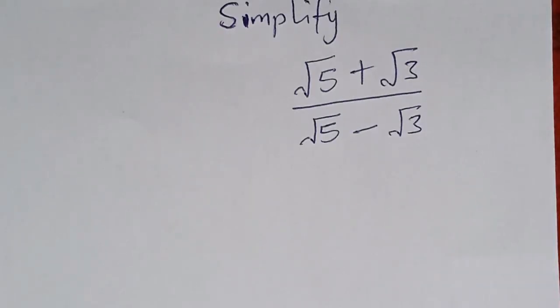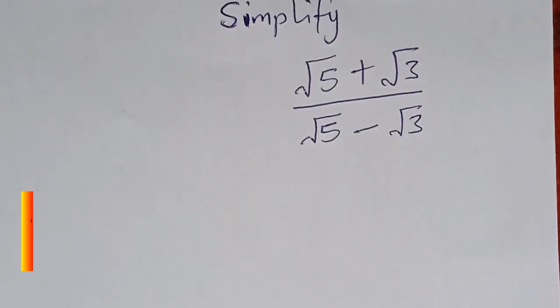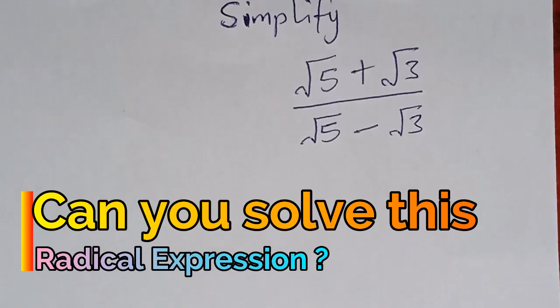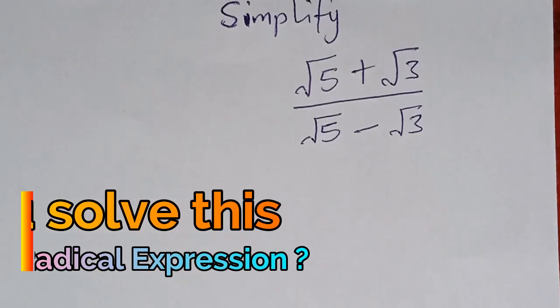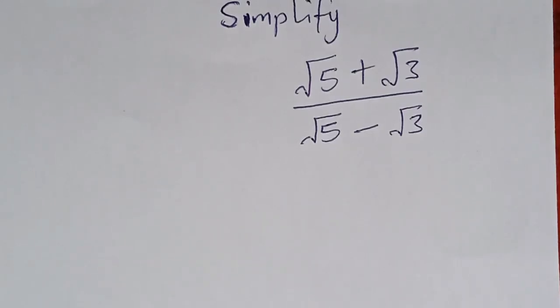Hello viewers, in this lesson we'll be taking a look at this radical expression, which says square root of 5 plus square root of 3 over square root of 5 minus square root of 3, that should be simplified to the lowest term.